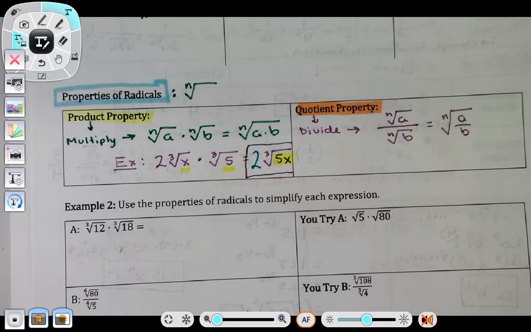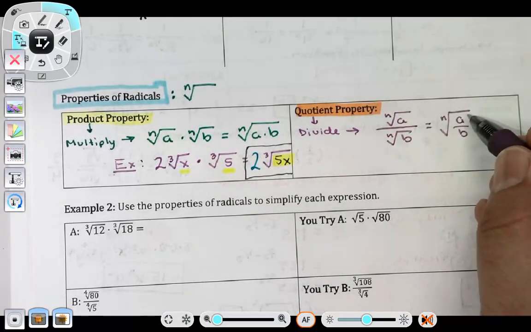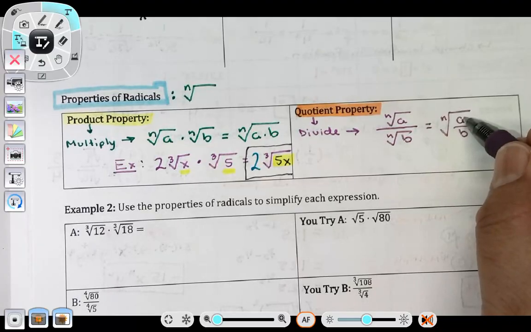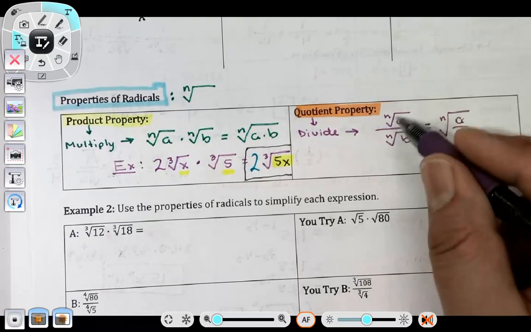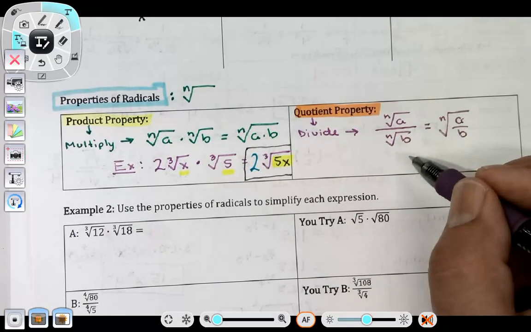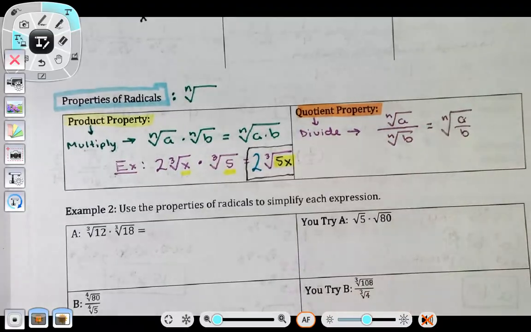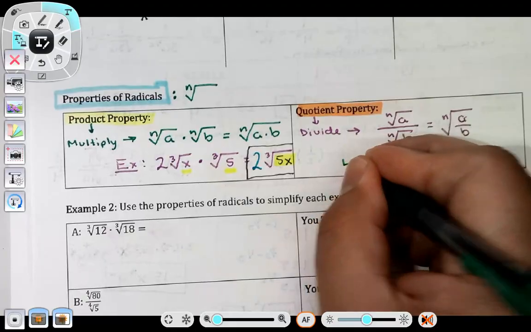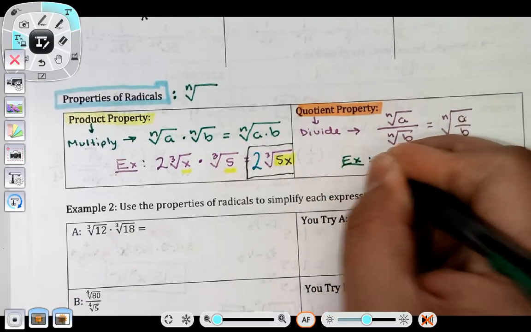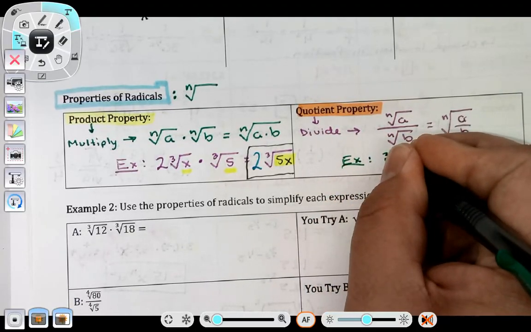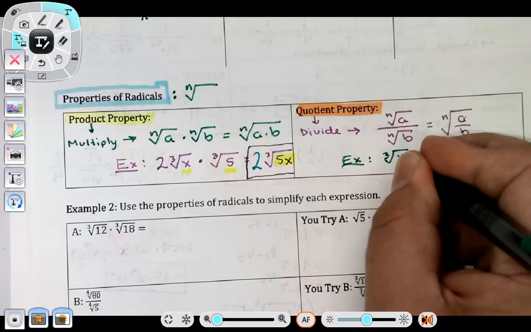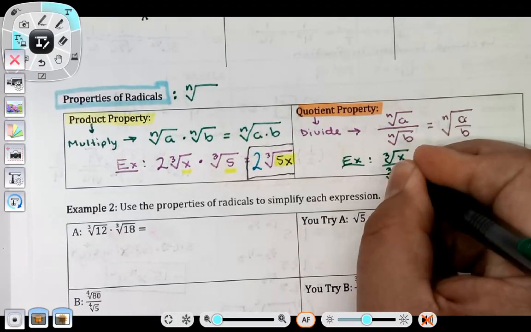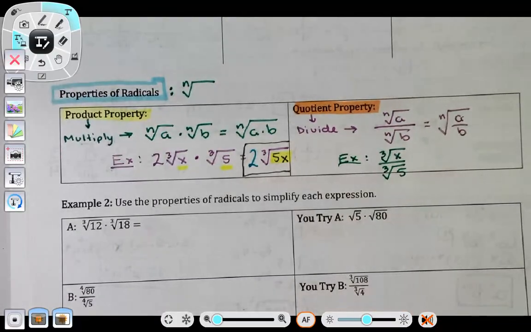It also goes the other way around. If you know you can work with one number but not the other, well, then separate them so that you can work with the one that you can. Let me show you a quick example there as well. So if, for instance, we say the third root of x over the third root of 5, well, I can't really take cube roots of that 5.